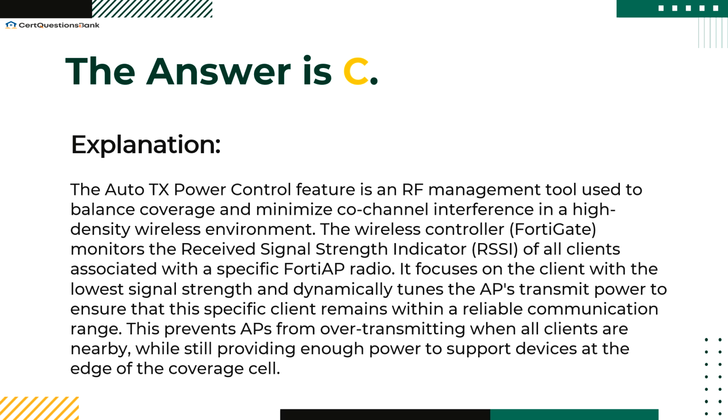It focuses on the client with the lowest signal strength and dynamically tunes the AP's transmit power to ensure that this specific client remains within a reliable communication range. This prevents APs from over-transmitting when all clients are nearby, while still providing enough power to support devices at the edge of the coverage cell.